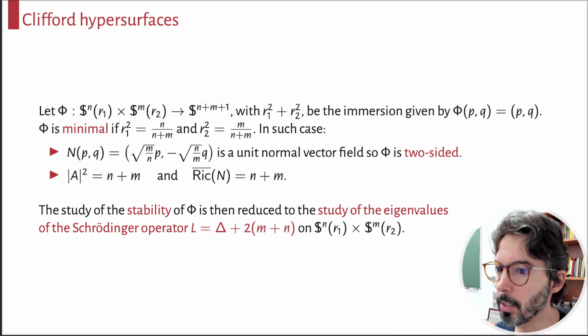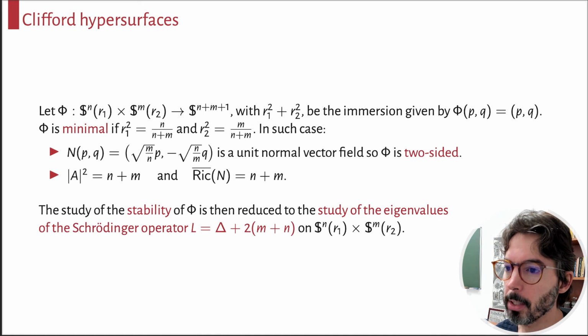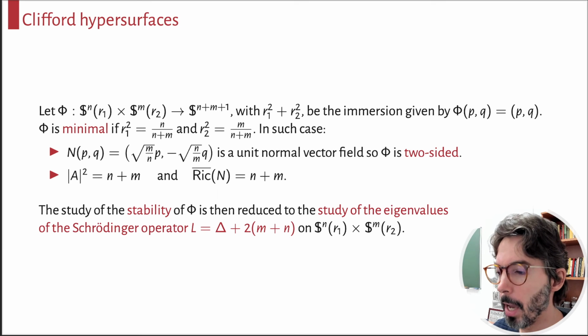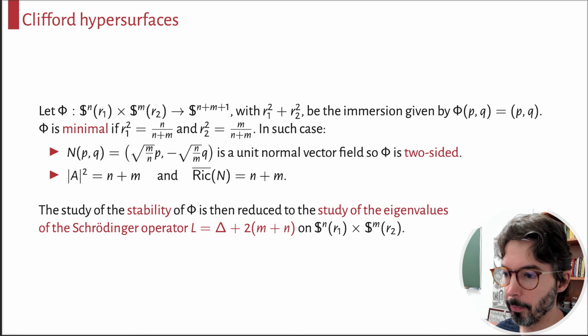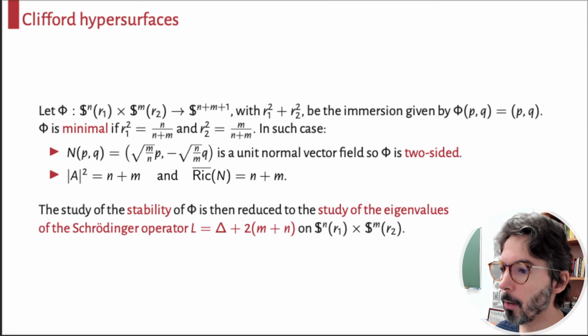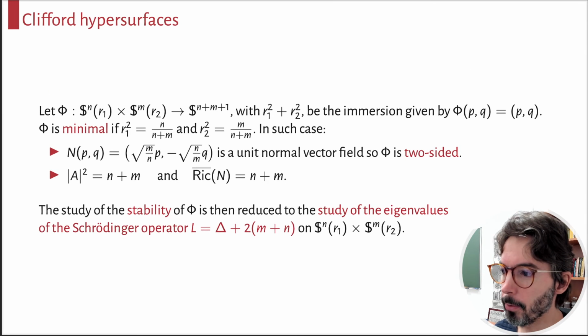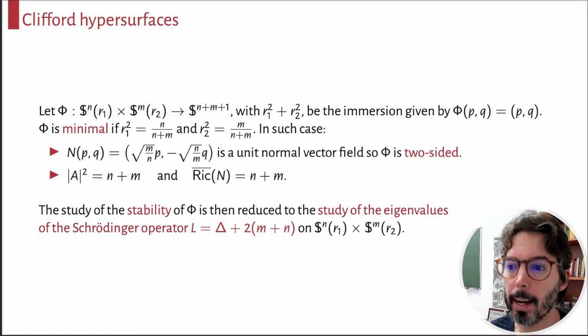Hence, since we are in the two-sided hypersurface case, the study of stability is reduced to the study of the Schrödinger operator, L, which in this particular case is just a translation of the Laplacian on the product. So now we do a similar analysis as in the case of the totally geodesic submanifold.